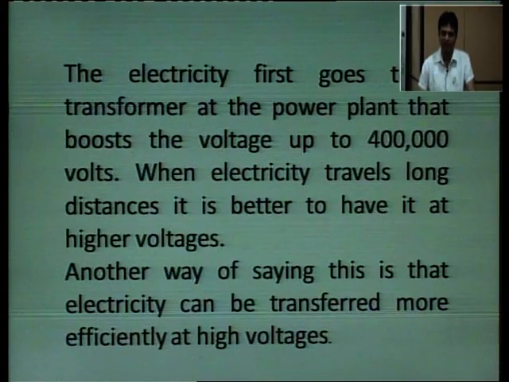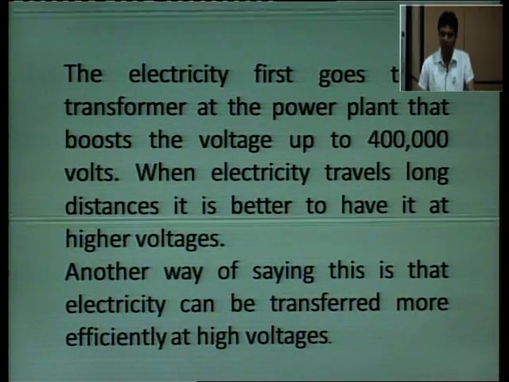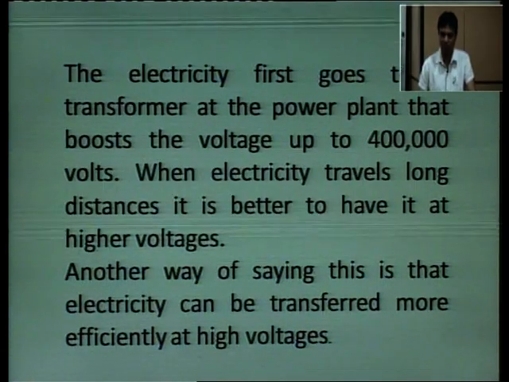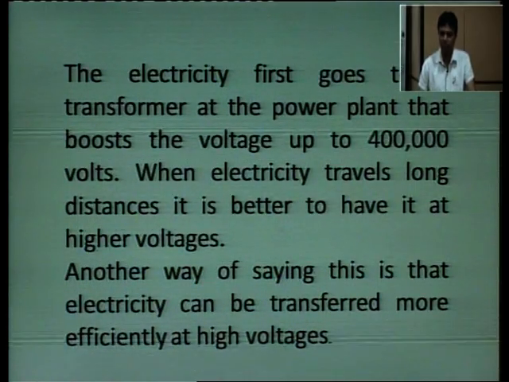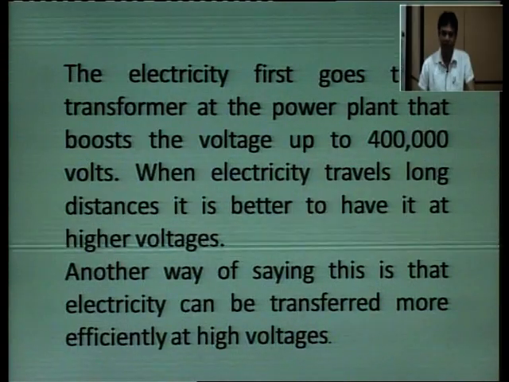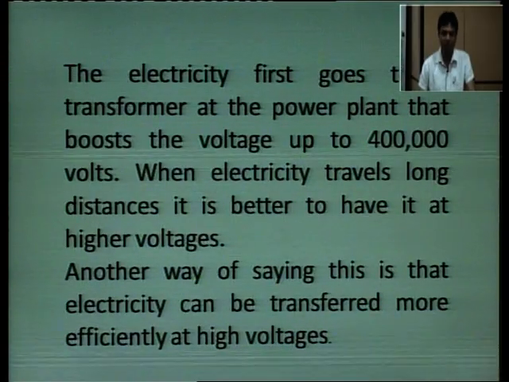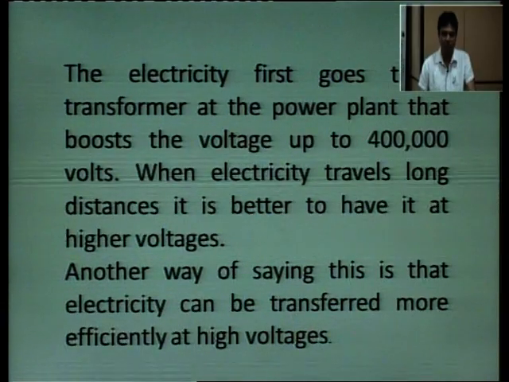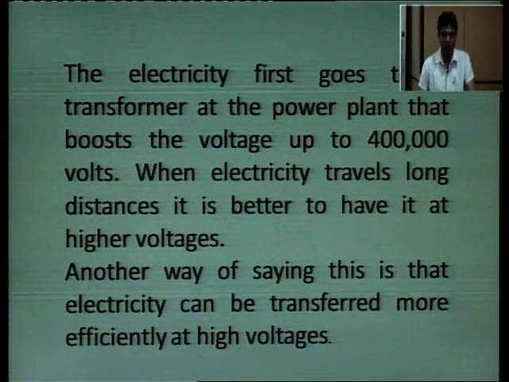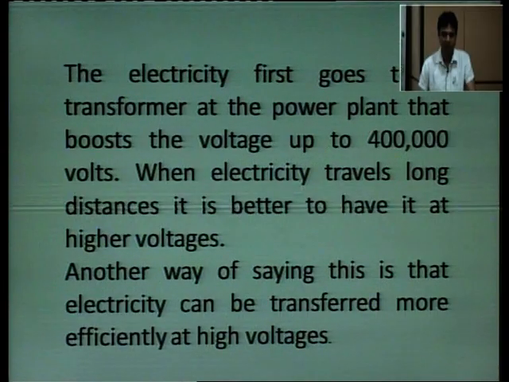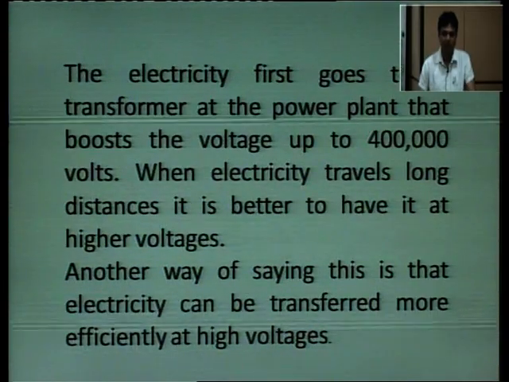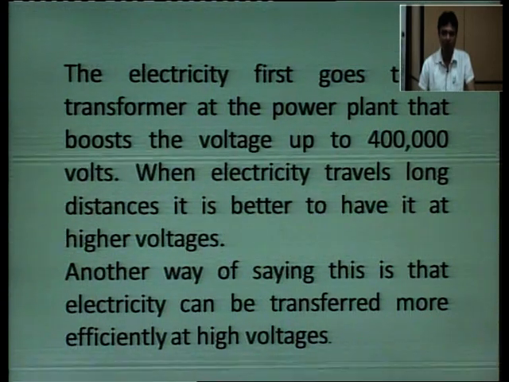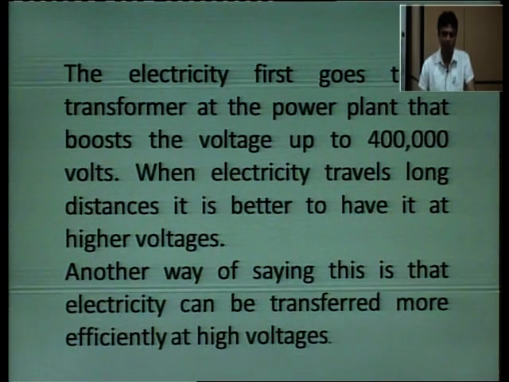The electricity first goes to a transformer at the power plant that boosts the voltage up to 400 kV, meaning 4 lakh volts.